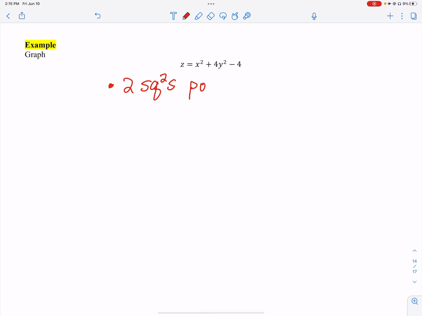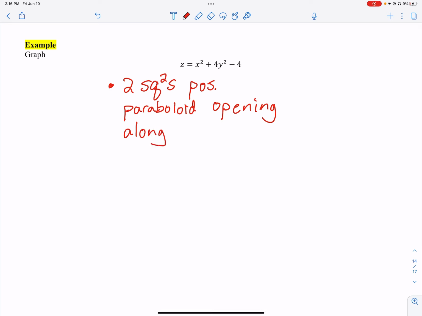So it's opening towards positive. So this is a paraboloid opening along the z-axis towards positive numbers.